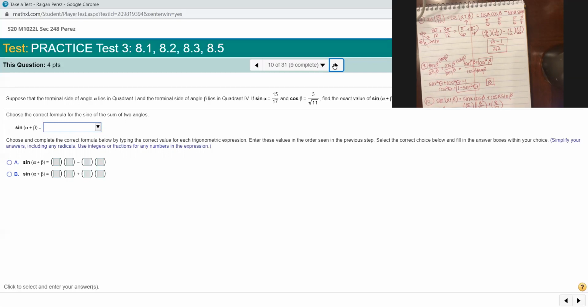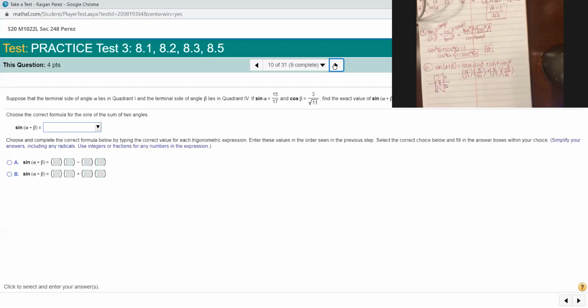And cosine of beta is 3 over square root of 11. So 11 minus 9 is 2. So this is the square root of 2, and it's negative because it's going down. So sine of beta is negative square root of 2 over square root of 11. Oh, sorry, I can't really see that. Let me scroll up so y'all could see.